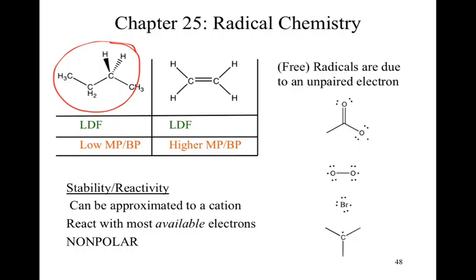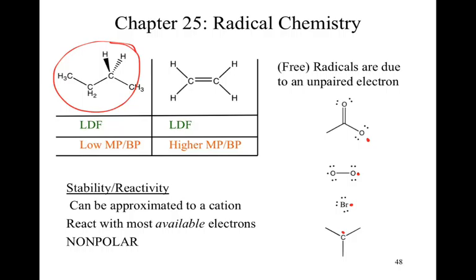Well, we got examples of radicals on the far right, and the characteristic they all share is they all have a single unpaired electron. It is that unpaired electron that drives their reactivity. And so what they're trying to do is somehow neutralize that electron by pairing it up with some other single electron.